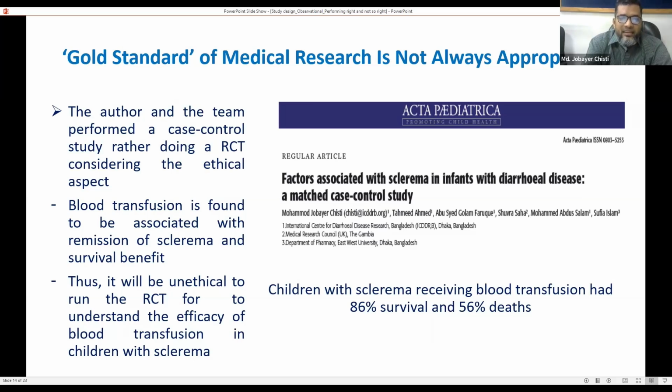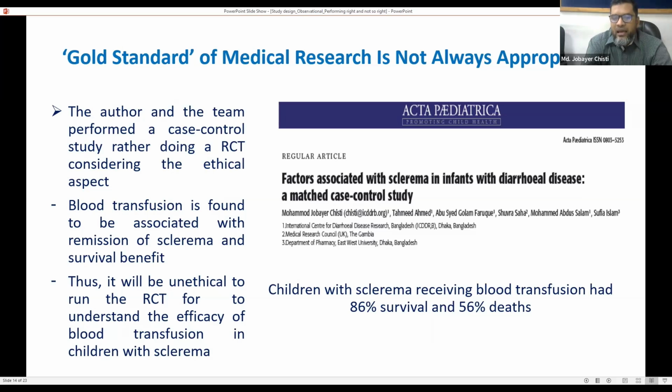That does mean that if we want to perform a randomized trial now, our ethical board will not allow us to go for the randomized trial, refraining one group of scleroderma children from blood transfusion.